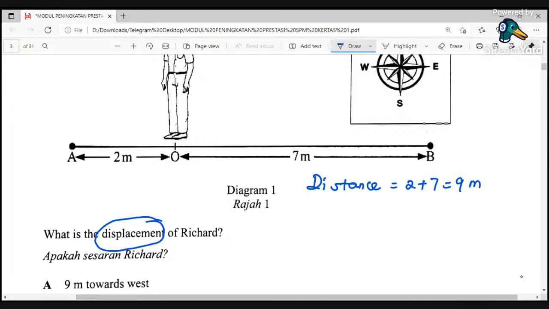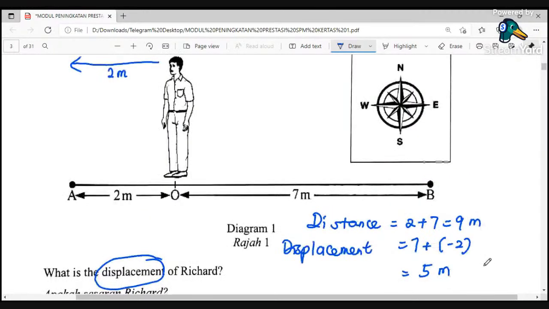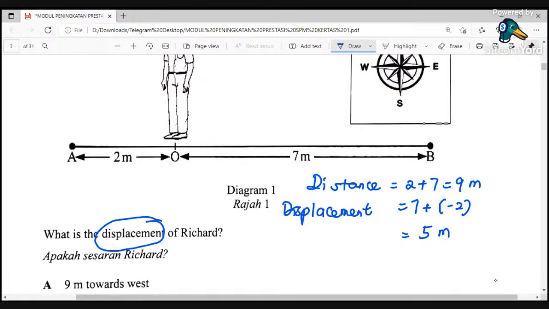But when we determine displacement, we need to consider direction. Kena lihat direction. Let's say I assume direction to the right is positive, so 7 meter is positive plus 2 is negative 2. Okay, thus it becomes 5 meter, which is 7 minus 2. Okay, so we get the answer is positive, meaning direction is to the right. That right direction is what? East.